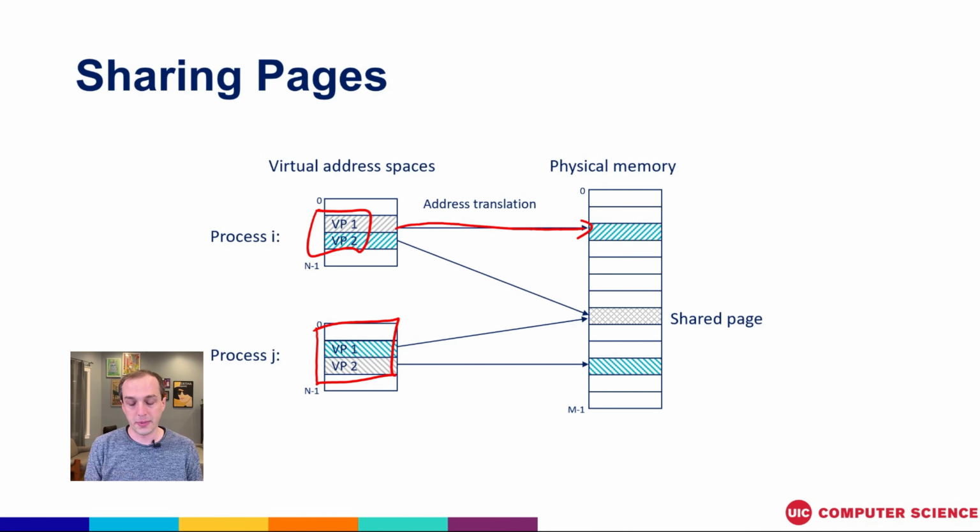And if we have a virtual page 2 that's mapped someplace else, it can be mapped someplace else. And now the same virtual page in terms of address or a different virtual page can be mapped into a shared physical page like we have right here in this example. So whatever address is right here with virtual page 1 in process J also maps onto the same place that virtual page 2 does in process I.